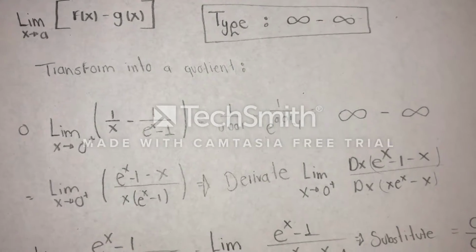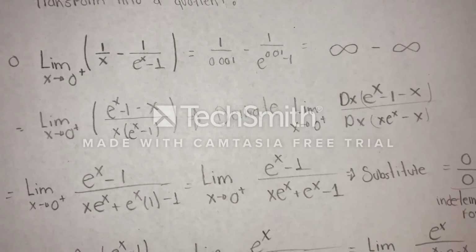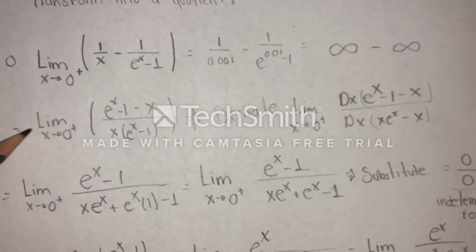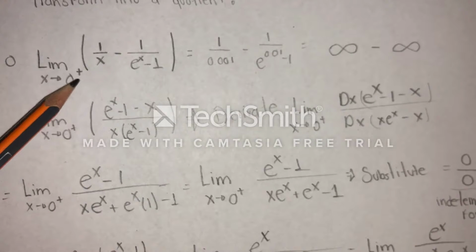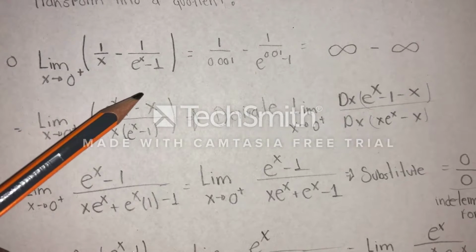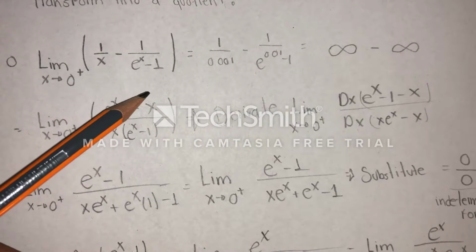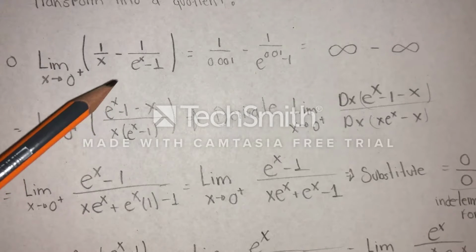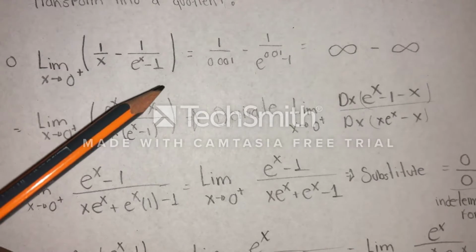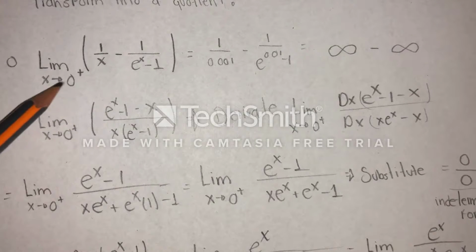Let's see this example. The limit when x approaches 0 from the right of 1 over x minus 1 over e to the x minus 1. There are two ways of evaluating this limit.